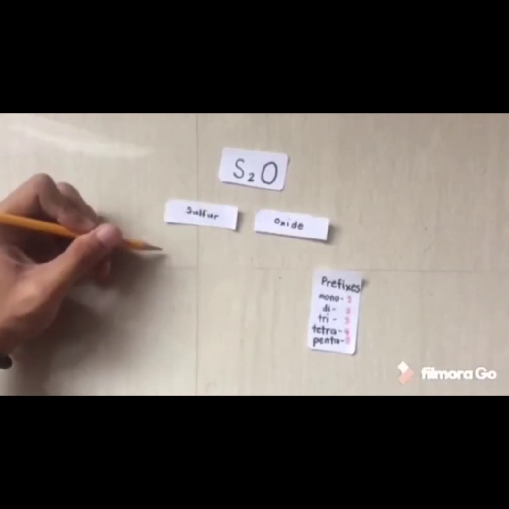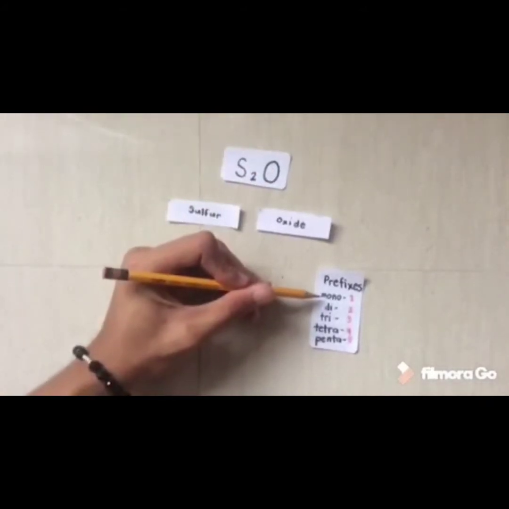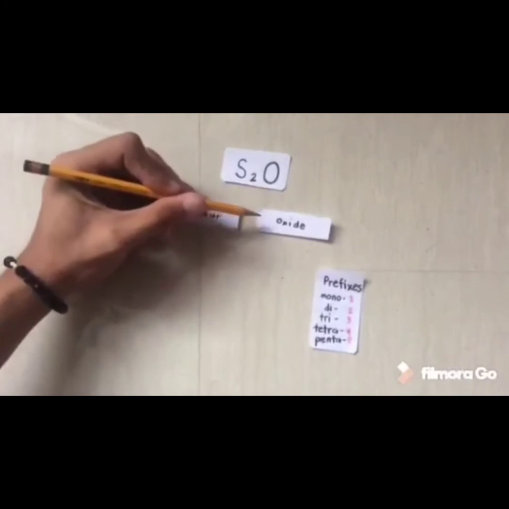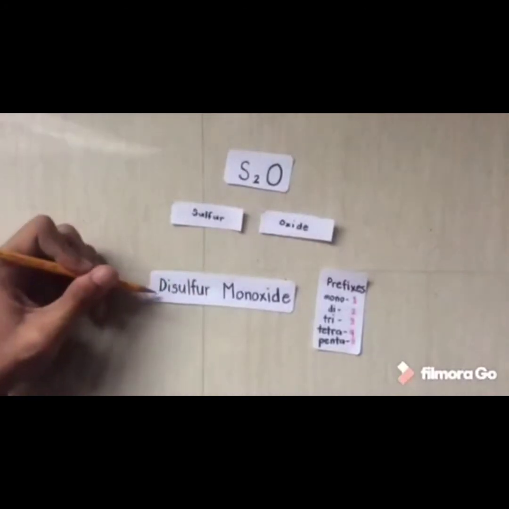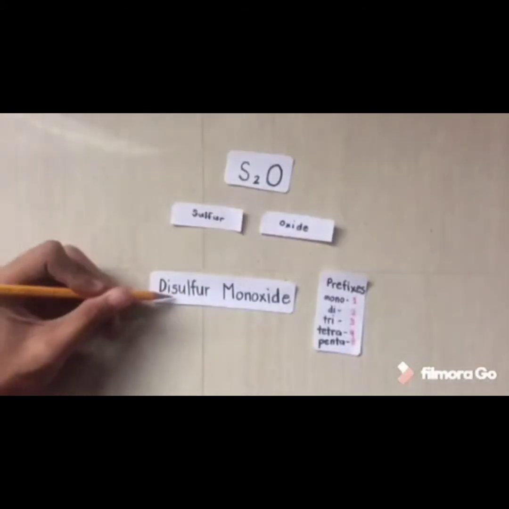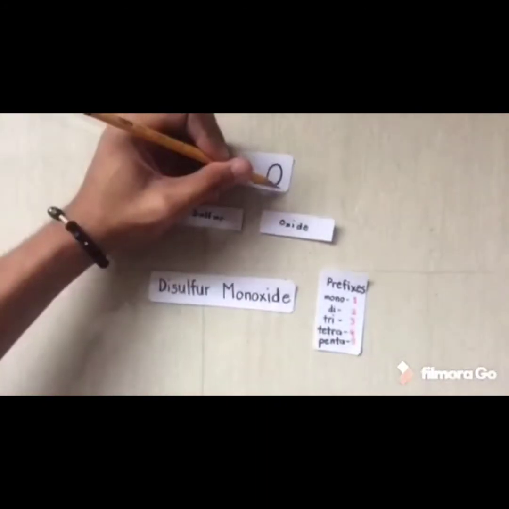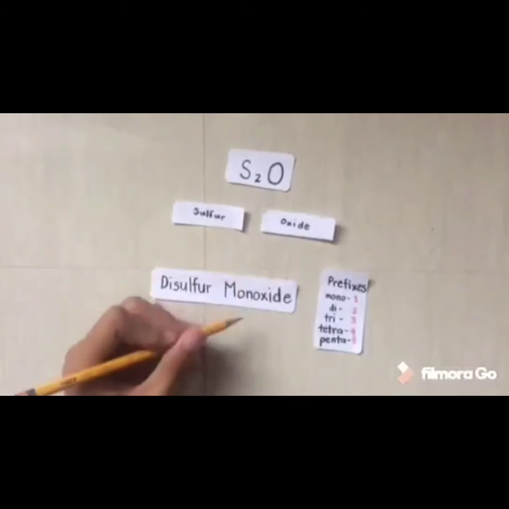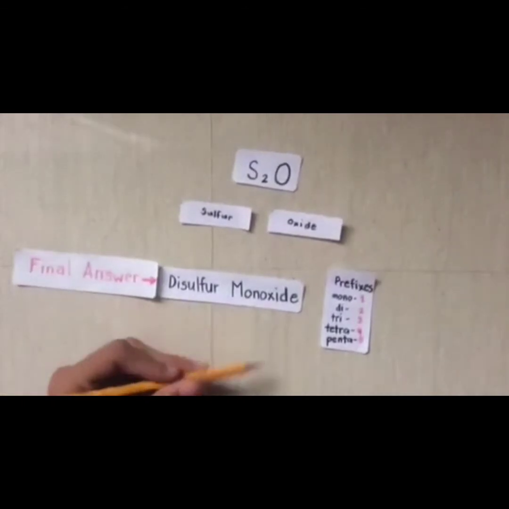We will have disulfur. Here we have 1 or mono, and add oxide, we will have monoxide, and it should look like this: di sulfur mono oxide, or monoxide, and that will be our final answer: disulfur monoxide.